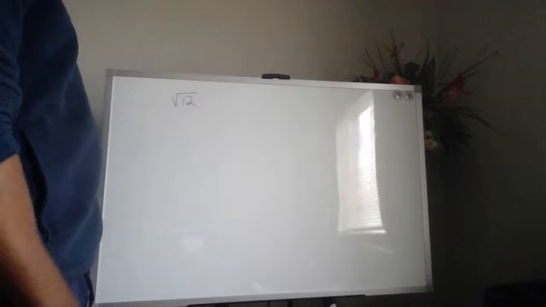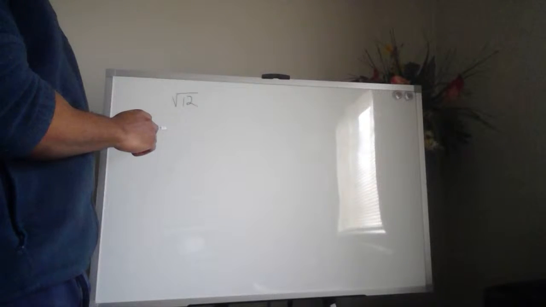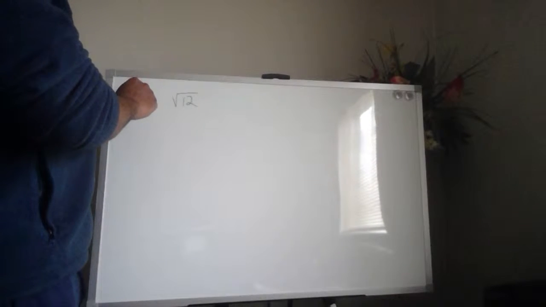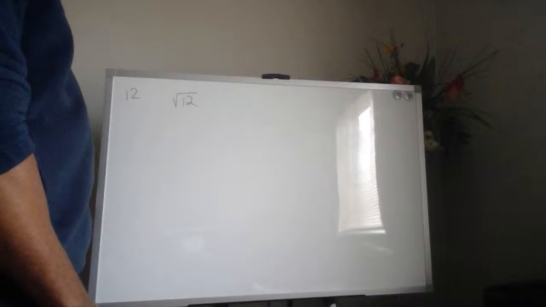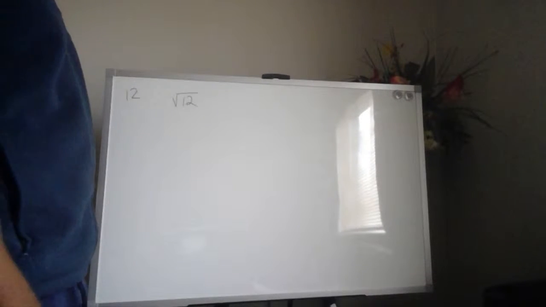So let's say you had the number 12. I think we did one like this last Wednesday, except that you were supposed to find the prime factors of 12. So it's a similar technique for simplifying the radical expression, all right?